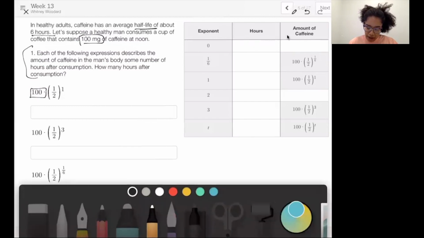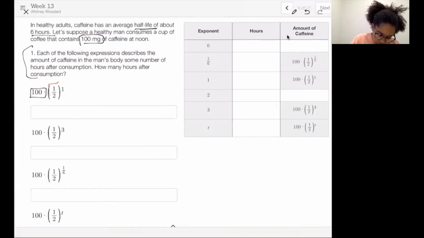So what's that 1/2 telling me? 1/2 is telling me about the half-life of caffeine. It's telling me what the growth factor is, by how much it's changing every time period that's described. So for example, every 6 hours, it's decaying by half.